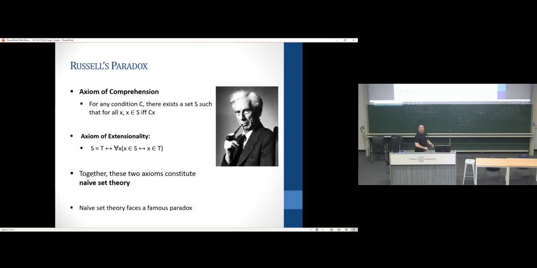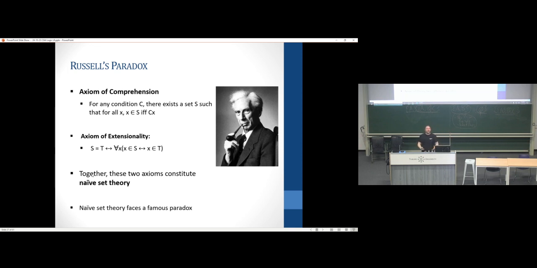Extensionality tells you the identity conditions of sets, but that doesn't tell you how many sets there are. When could you build a collection? This doesn't answer that. It just tells you when two sets are identical or distinct. So we need another principle to tell us how many sets we can build.